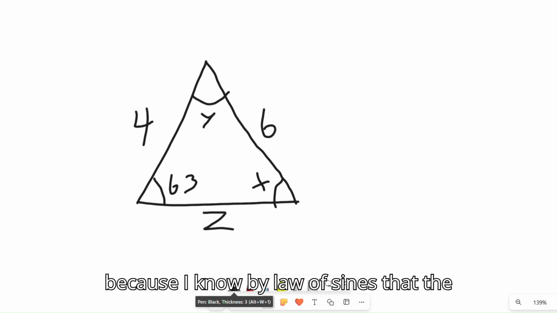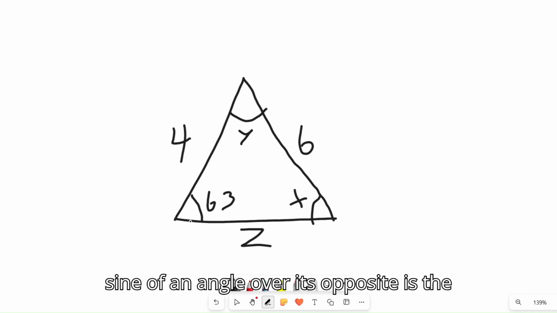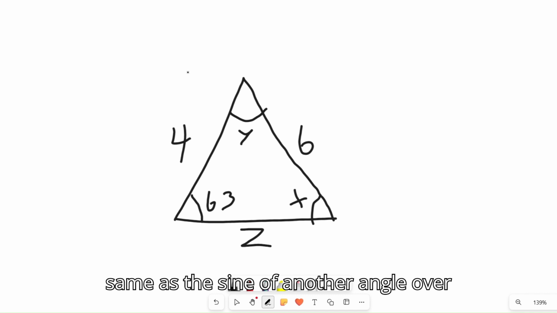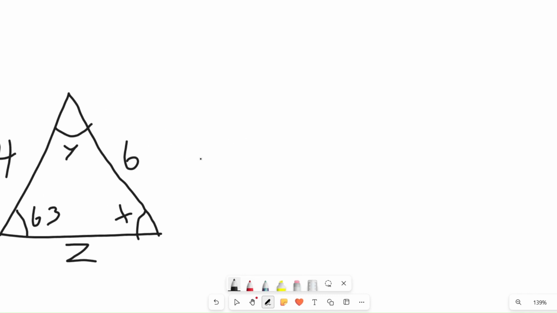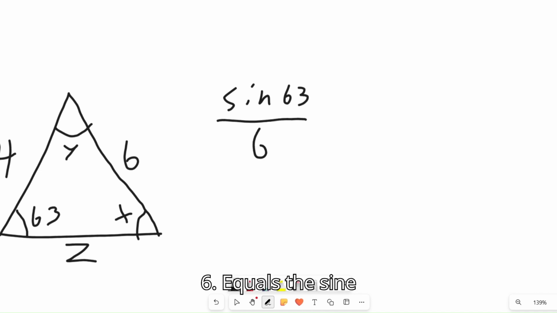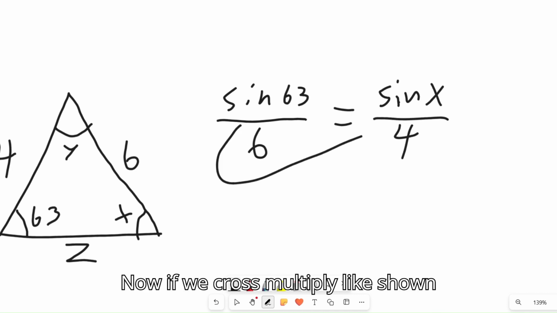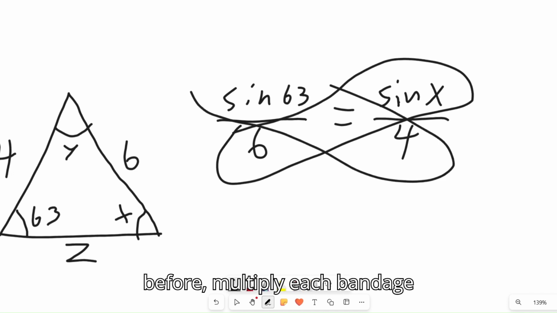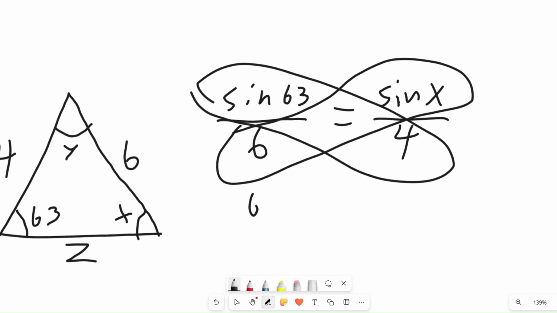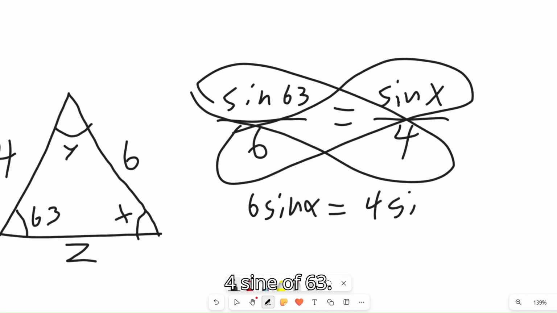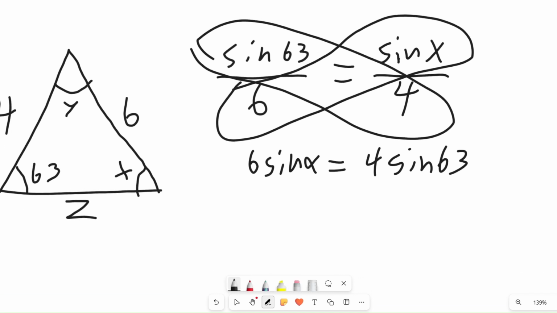Well, let's start with x, because I know by law of sines that the sine of an angle over its opposite is the same as the sine of another angle over its opposite. So the sine of 63 over 6 equals the sine of x over 4. Now if we cross multiply like shown before, 6 sine of x equals 4 sine of 63.